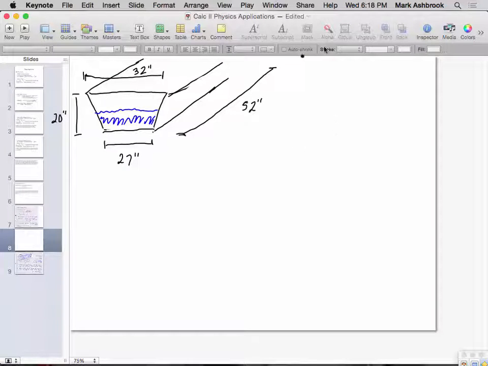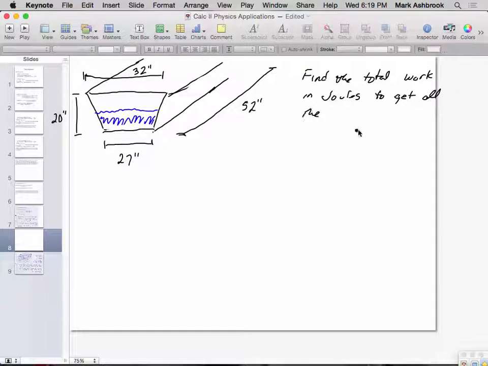And so we want to find the total work in joules. So you get all the water out.